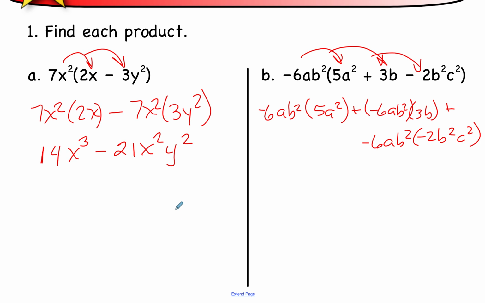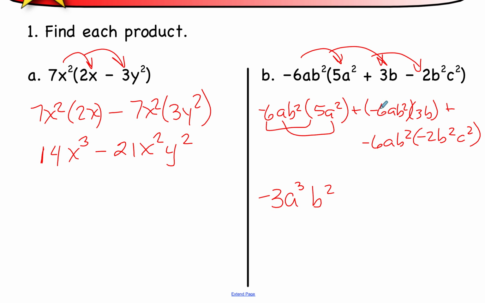So let's take the first term. When we multiply negative 6 times 5, we get negative 30. And then a squared times a is a cubed, and then we still have a b squared. So we did negative 6 times 5, a times a squared, and then we have a b squared.